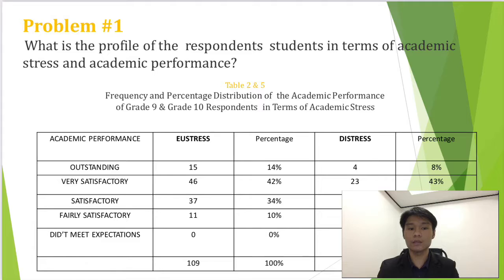For problem 1, what is the profile of the respondent students in terms of academic stress and academic performance? To find the findings and conclusion, we use tables 2 and 5.